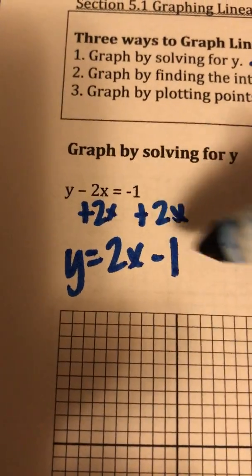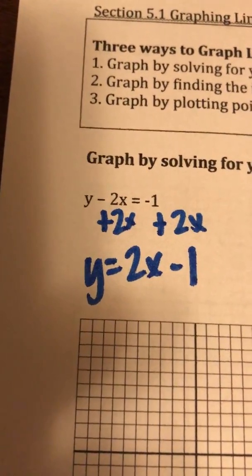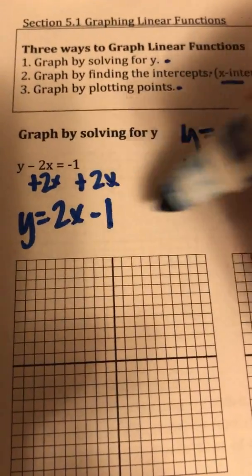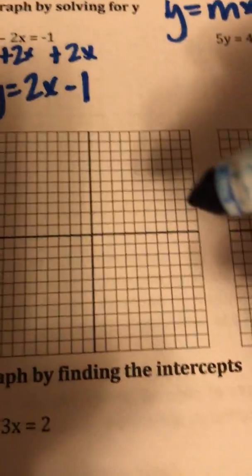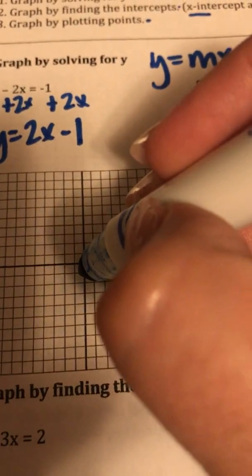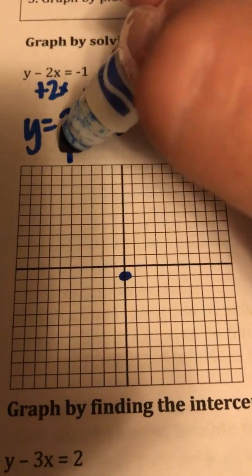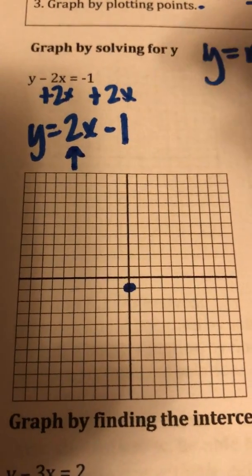Now, if you recall from before, once we have y equals 2x minus 1, we know that the negative 1 is our y-intercept. So we go to negative 1. We see right here is our slope.